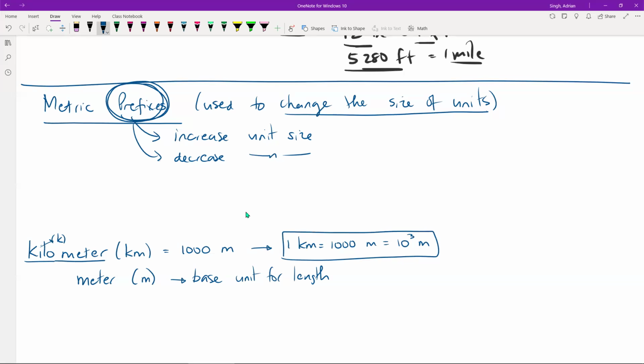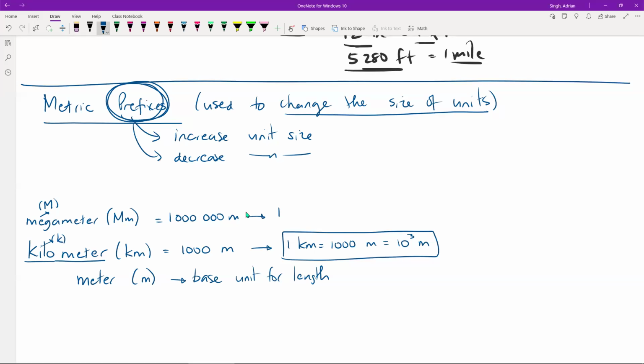The next prefix that increases the size of the unit is mega. So I have a megameter. Mega has the abbreviation big M, uppercase M. If I put that in front of meter, I have big M, small m. And mega always means a million. So a megameter would mean 10 to the 6 meters.